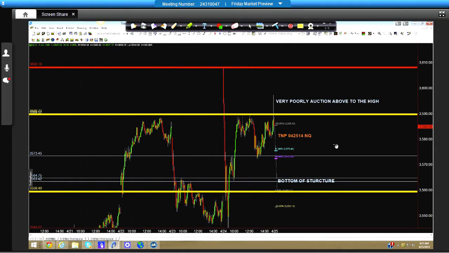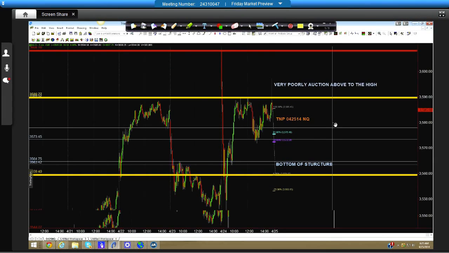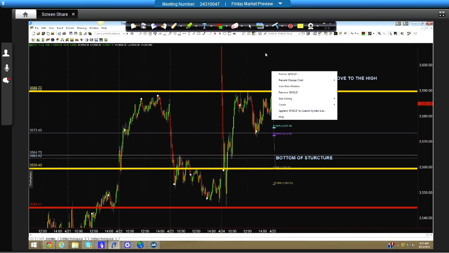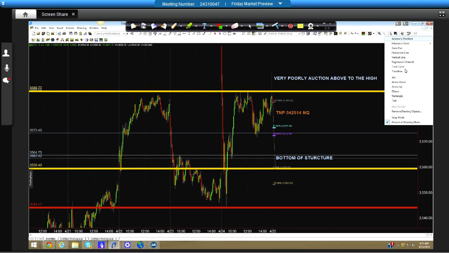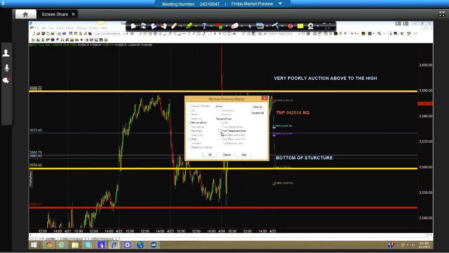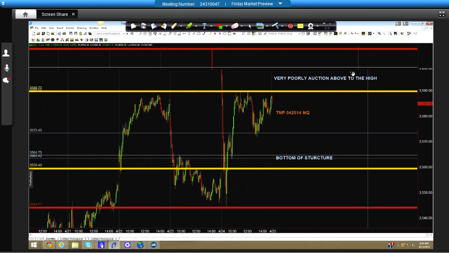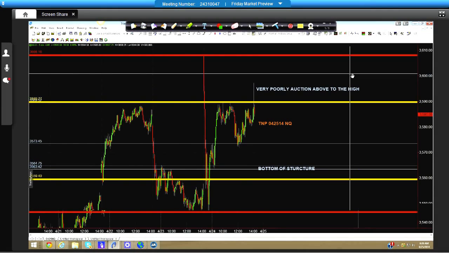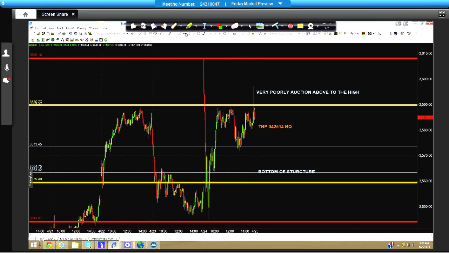So if I were looking at this and I want to know where I want to take my trades, or where I want to start to look for structure to support my trades, 35.85 brings up 35.55. Okay, I know that's fairly poorly auctioned.